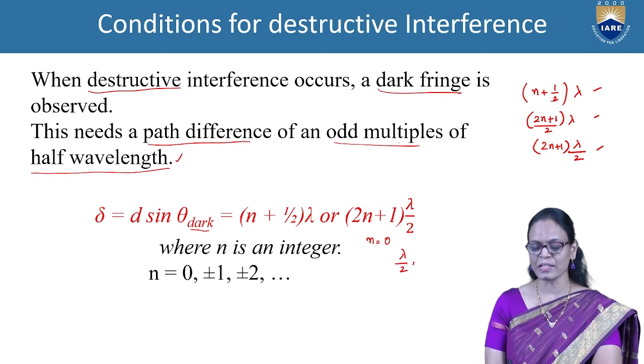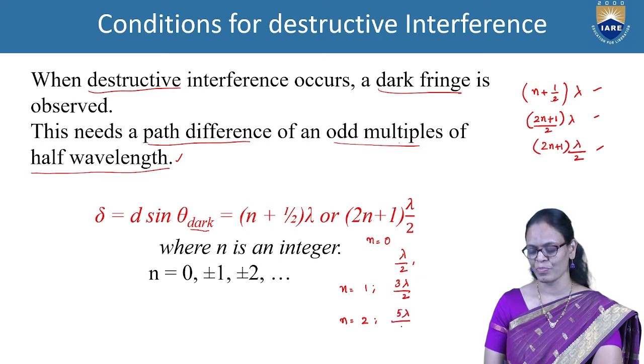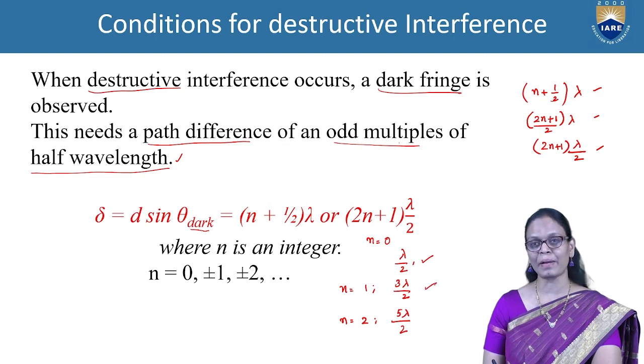Now keep n is equal to 1. So when n is equal to 1, you have 2 into 1 is 2 plus 1, 3 lambda by 2. n is equal to 2 gives us 2 twos are 4 plus 1, 5 lambda by 2. So what we are getting here is lambda by 2, 3 lambda by 2, 5 lambda by 2 and so on.